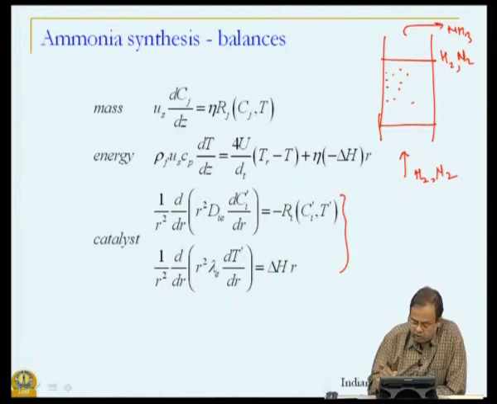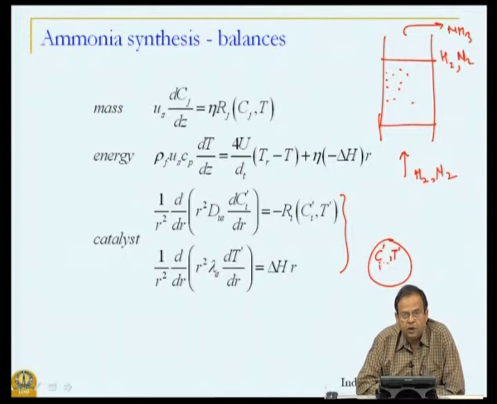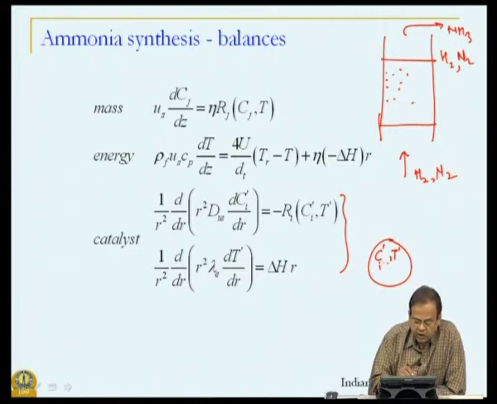So, if we say that this is my catalyst and concentration inside is C prime, temperature is T prime, and we have several components. So, Ci prime is the concentration of components such as hydrogen, nitrogen, ammonia inside the catalyst pellet. T prime is the temperature, and what is happening?